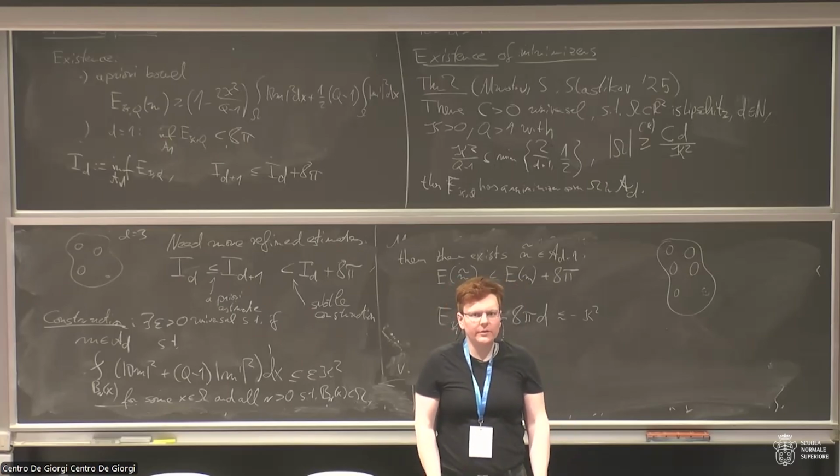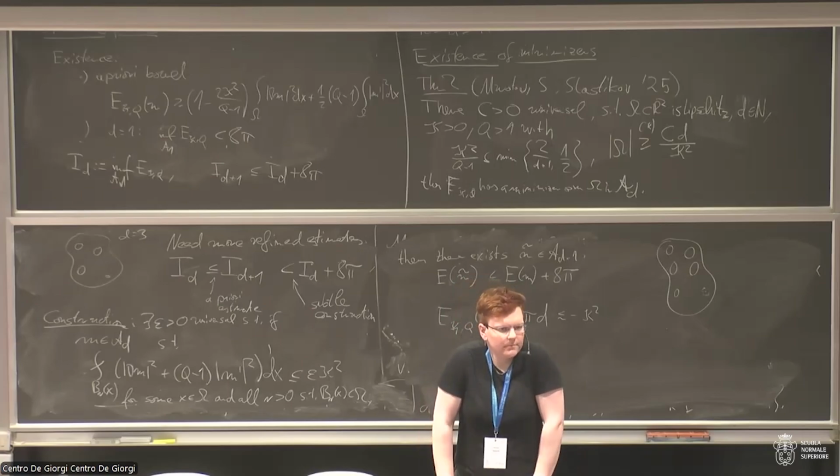For whatever big disk you take, global minimizers disappear. As a matter of fact, in any bounded domain with Dirichlet boundary conditions, there are no minimizers of the exchange energy, a well-known fact, for any degree other than 0.